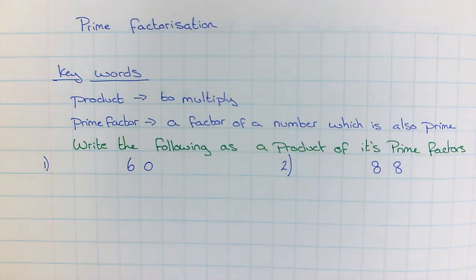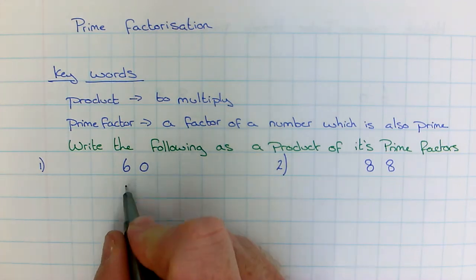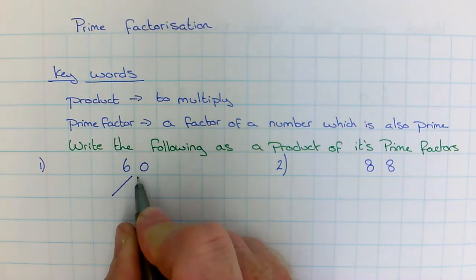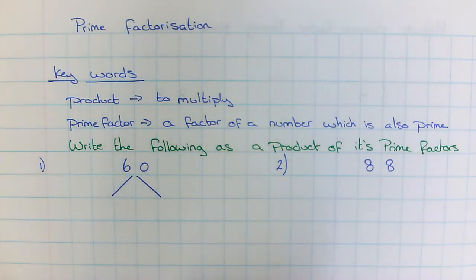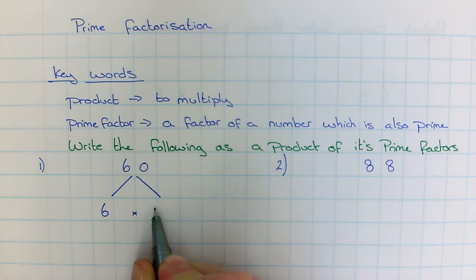Okay, and there's a way in which we're going to do that, and it's by drawing a prime factor tree. So I've got my number at the top. My first number is 60, and I'm going to create two branches coming off either side. What I'm looking for is two numbers that multiply together to make 60, and the one that comes into my head is 6 times 10.